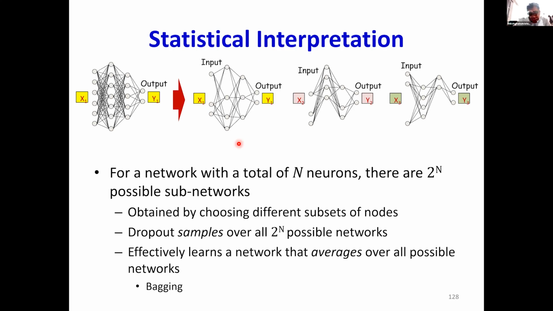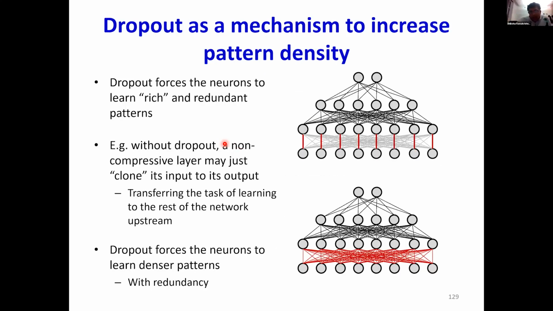mechanical interpretation, which is this. Now consider this network to the right. If I train this just anyhow, then there's a very non-zero probability, something that actually happens very frequently, that in some early layer, the layer simply learns to copy the input of the layer to the output.